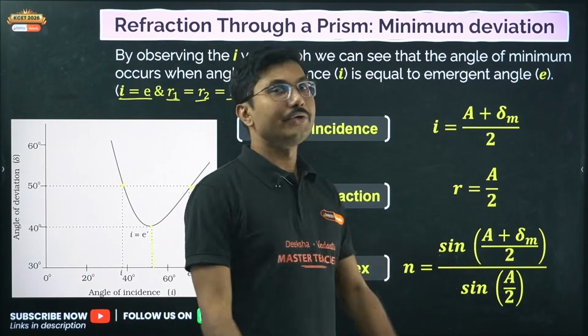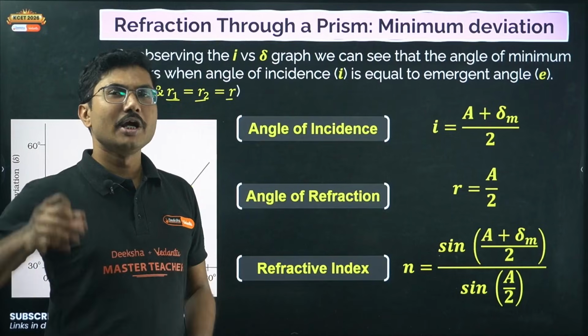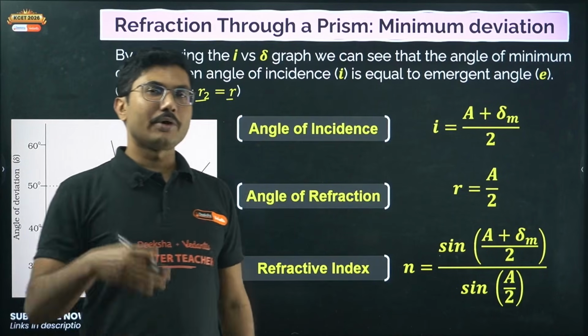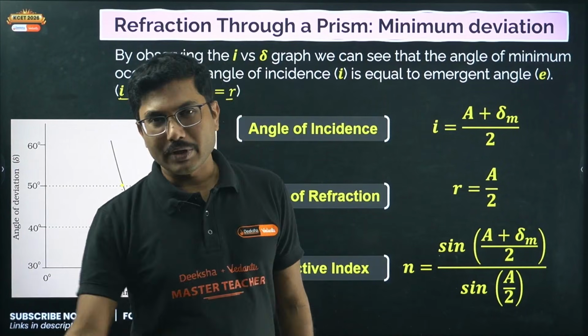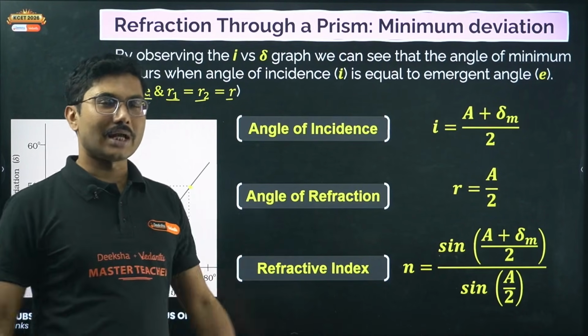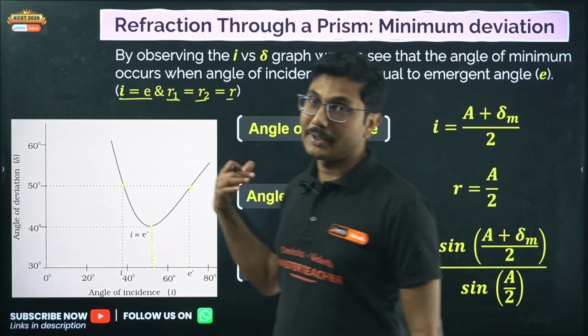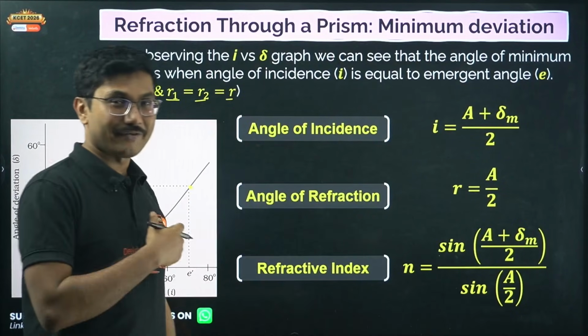You make a prism out of it, put it inside a lab, measure the angle of deviation, and from there you can calculate the refractive index. We have done it in our physics practicals when I was a student in our graduation classes. We performed this experiment, and even plotted this graph as well.